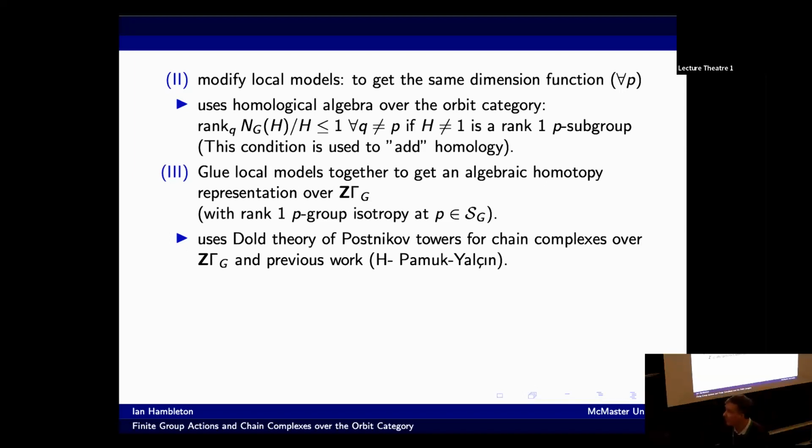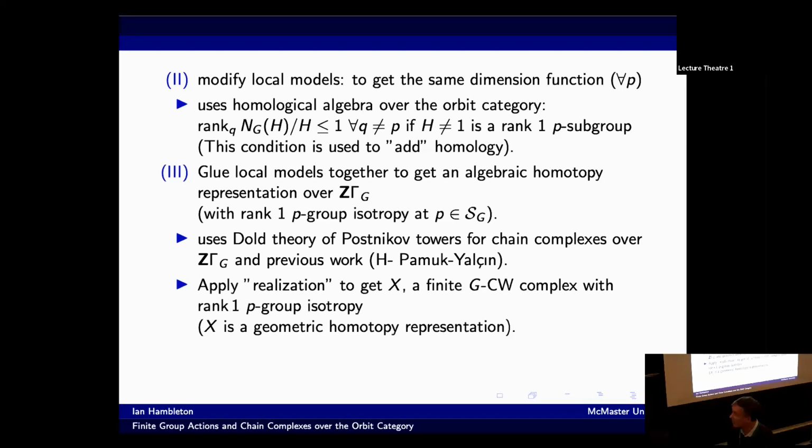Okay, so this is what's going to get us into the world of the Z gamma G complexes. And the construction that we're doing has to keep this tightness condition that I mentioned, and then we apply the theorem about type being realized by a finite G-CW complex.